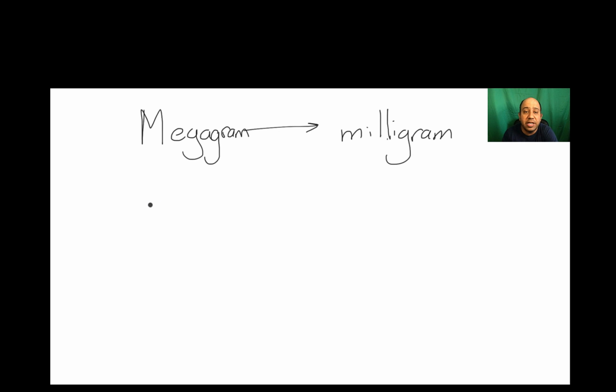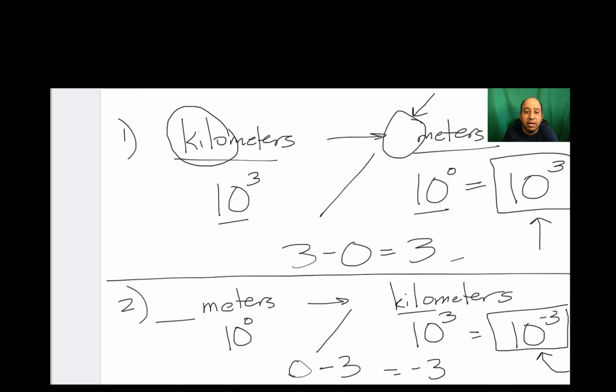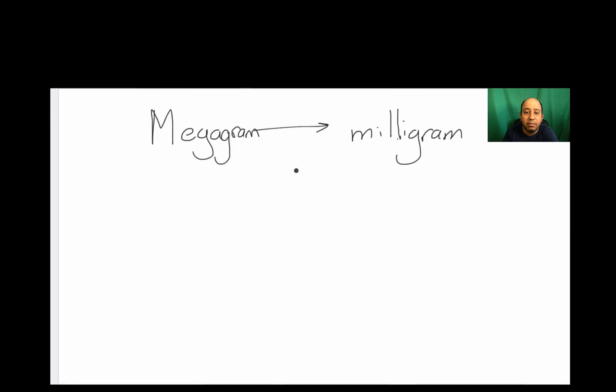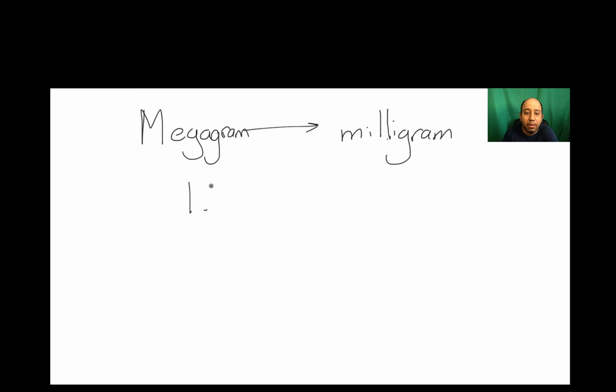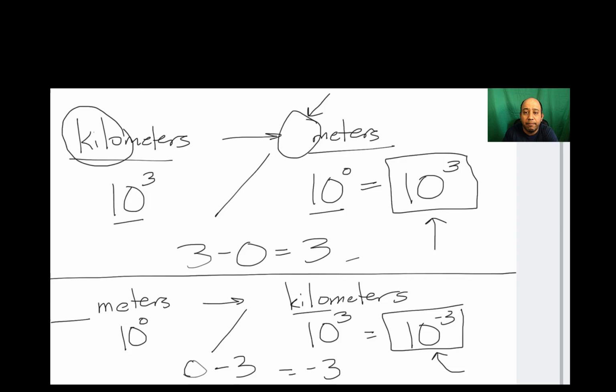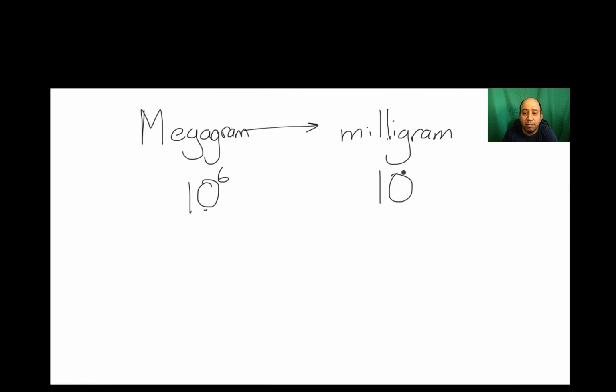So, what does the prefix mega mean? Well, we look on this scale, and mega here means 10 to the sixth. And milli means 10 to the negative 3. So we go from megagrams to milligrams.